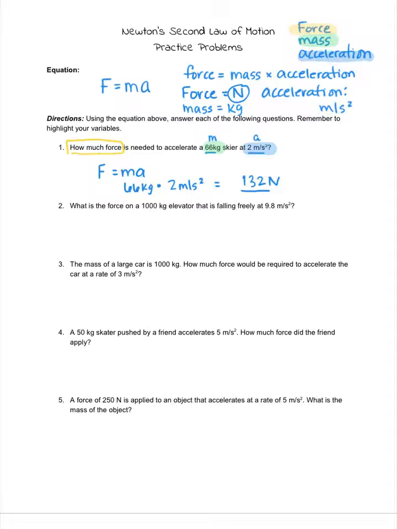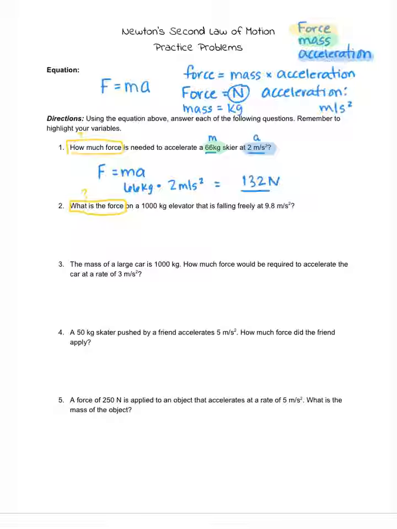I'll do one more with you, and then I'm going to explain how we need to manipulate the equation if we need to. So what is the force? We don't know force yet. Of a 1,000-kilogram elevator that is falling freely at 9.8 meters per second squared.